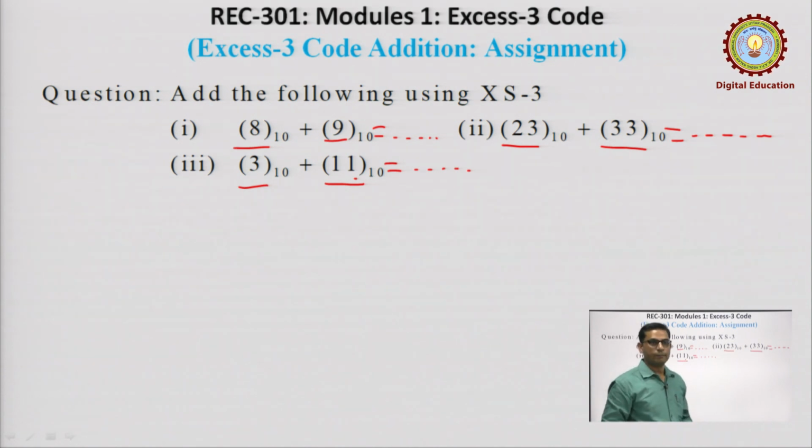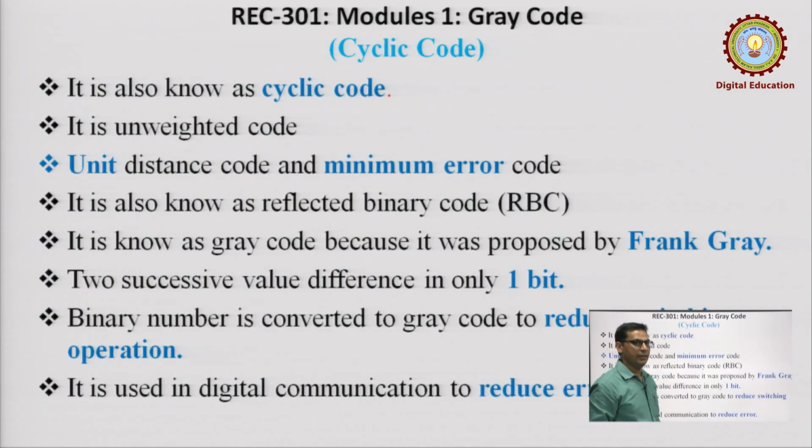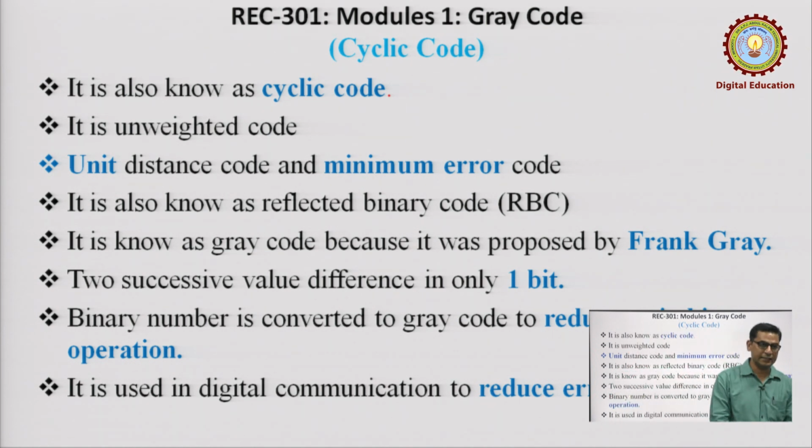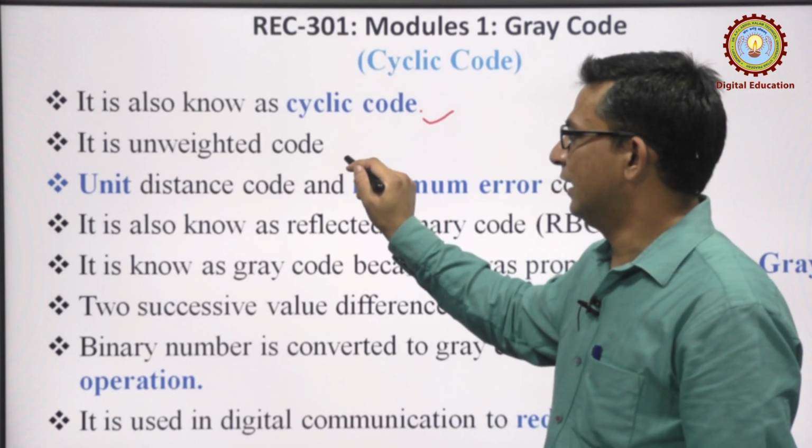Okay. So, now the next topic is cyclic code. Cyclic code is also known as gray code, we call it gray code. It is an unweighted code, unlike the BCD code.